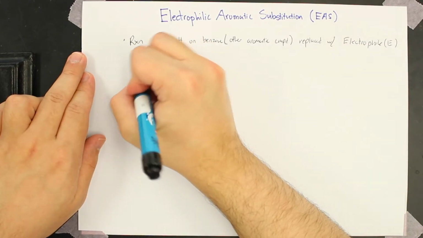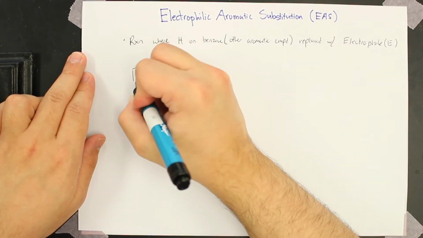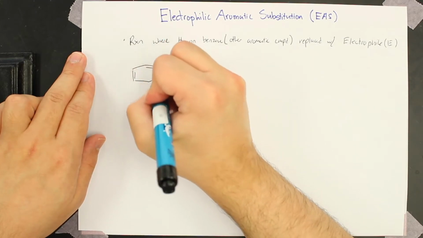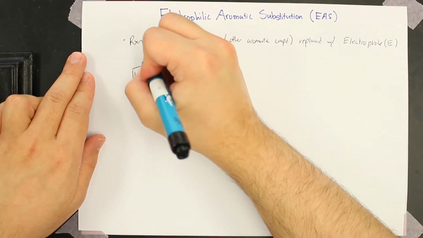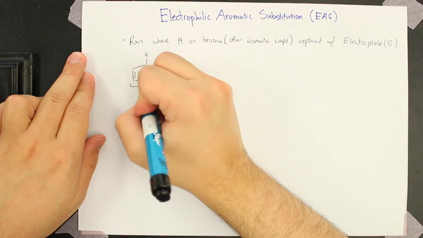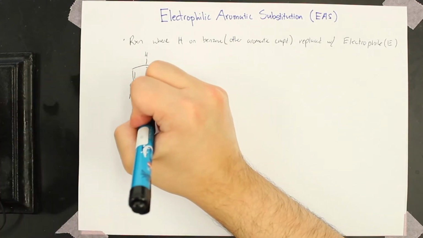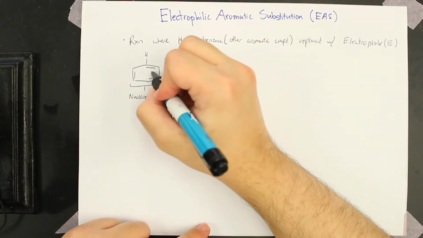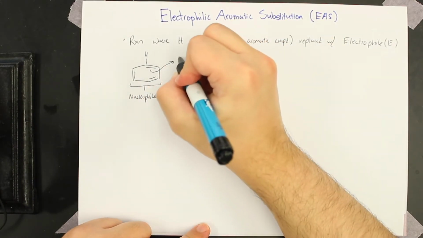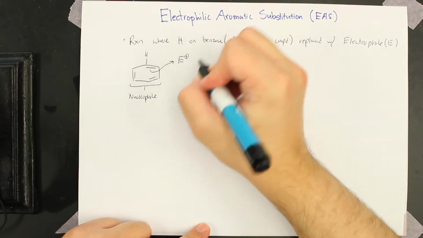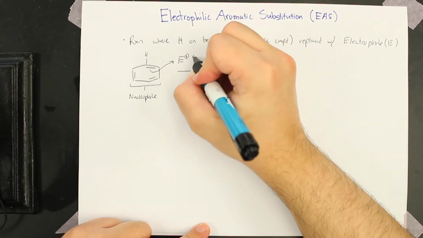If we were to depict this in a reaction scheme, we have some sort of ring. It's normally benzene, though it could be another aromatic compound. This is going to act as our nucleophile, and this ring is going to attack an electrophilic reagent. So this is our reagent.